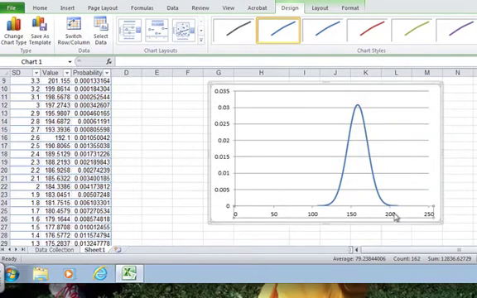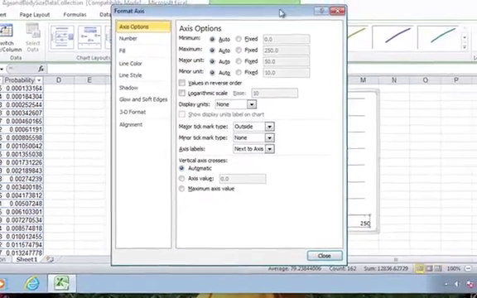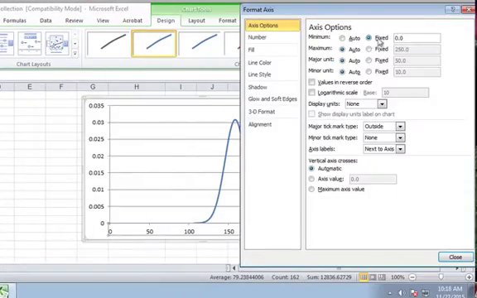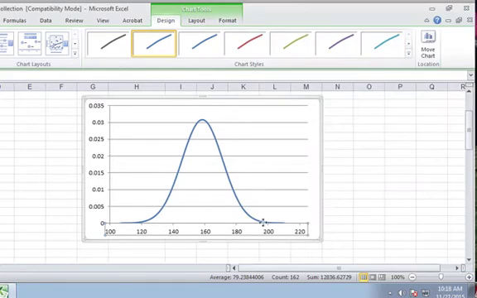And I'm going to format the axes here, and there we get a better view of how our data is distributed.